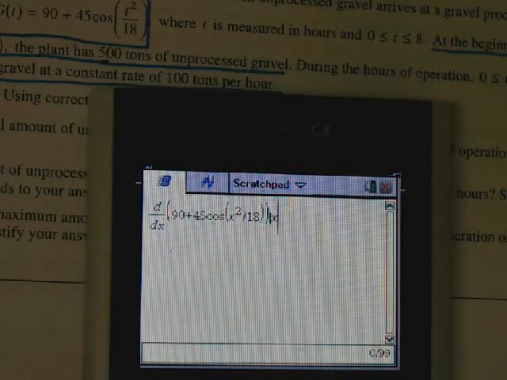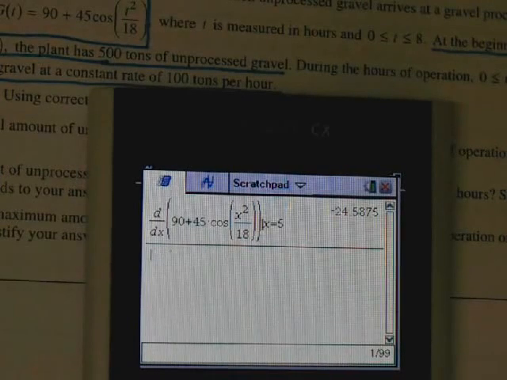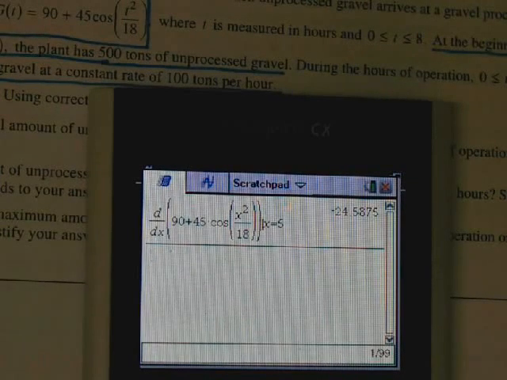So we get negative 24.588, which is going to be in tons per hour squared. Can you use more than three decimal places? Yes, you can do more than 3, you just have to use at least 3.